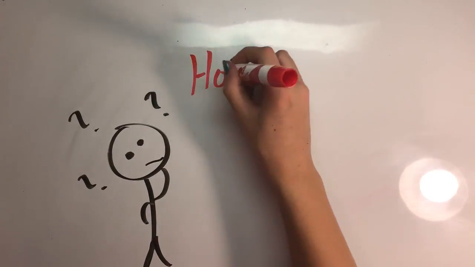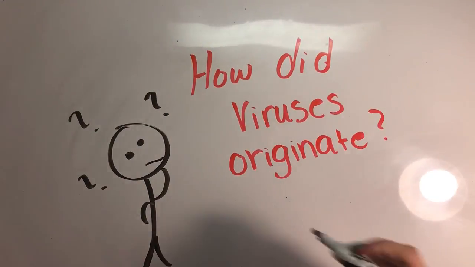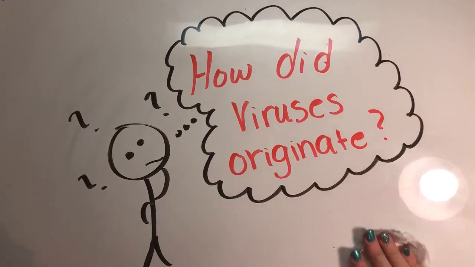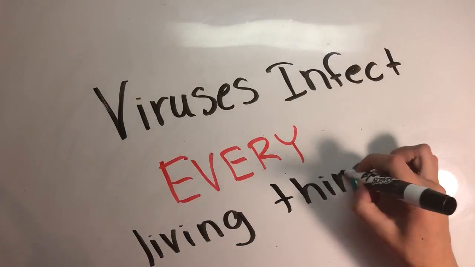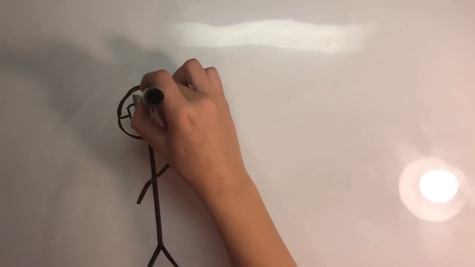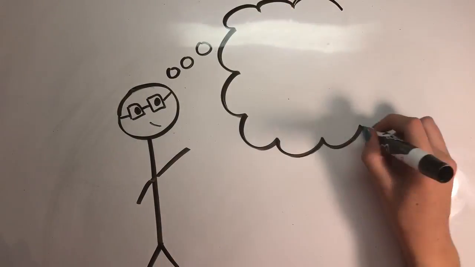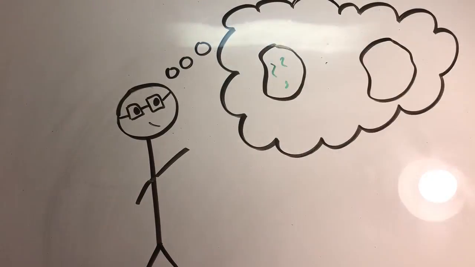You may be wondering, how did viruses originate? Viruses have been found to infect every form of life. Most molecular biologists believe that viruses originated from naked bits of cellular nucleic acids that moved from one cell to another.